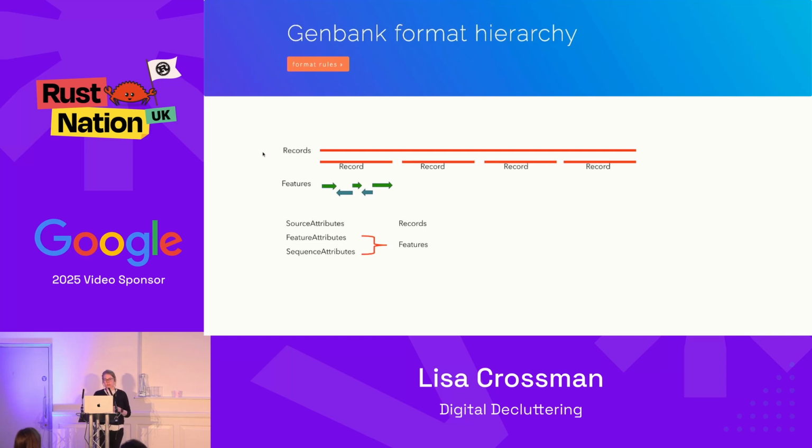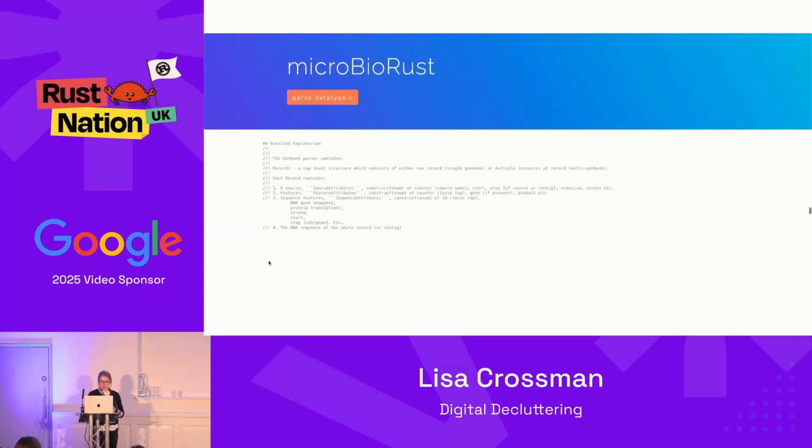You have records, which is the top level, and each records might have one or several record, and each record may have none or several features. So I worked out to use an enum for these attributes. The source attributes apply to the records, and the feature and sequence attributes apply to the features.